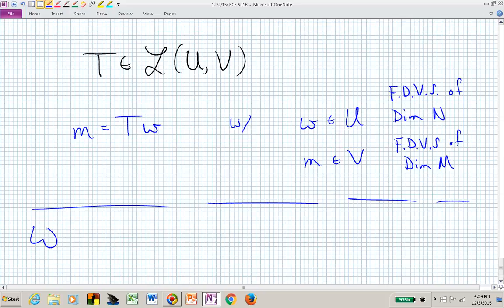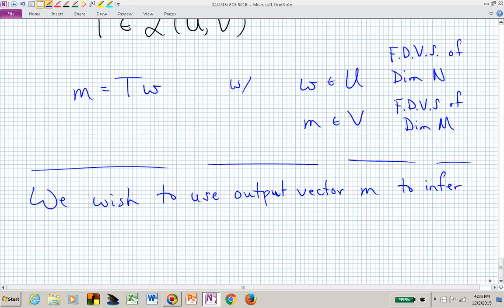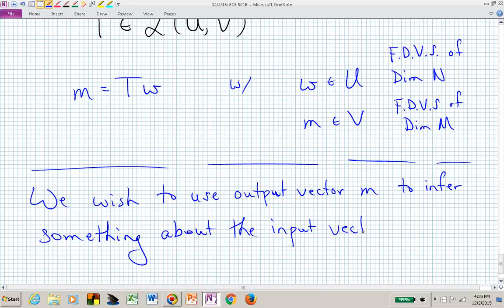So we wish to use the output vector little m to infer something about the input vector W.